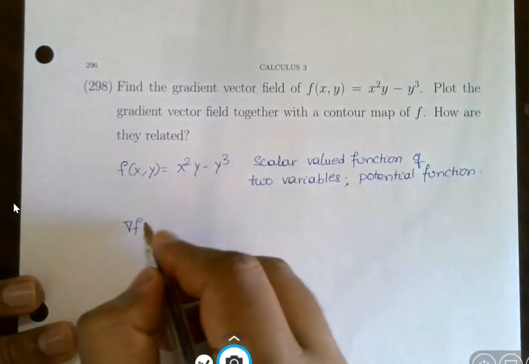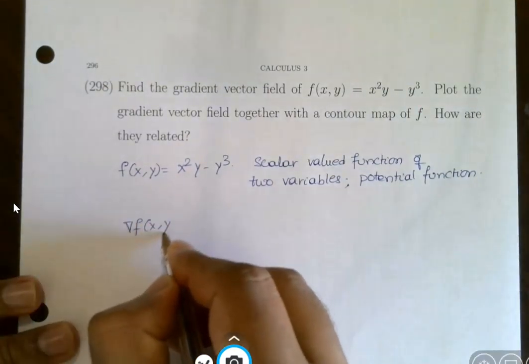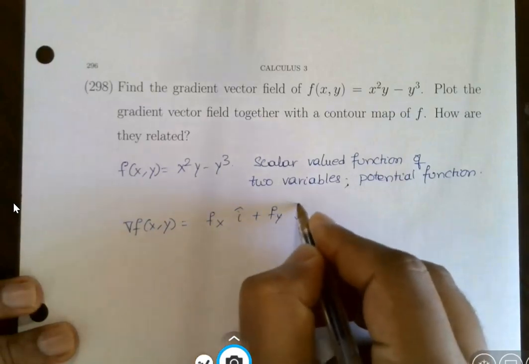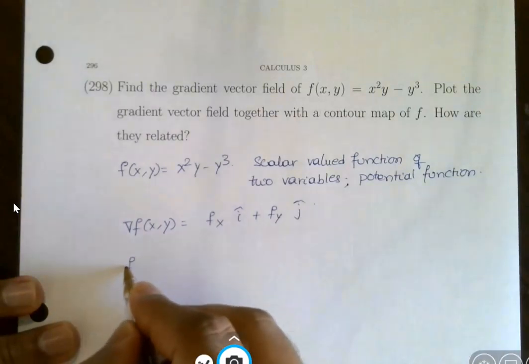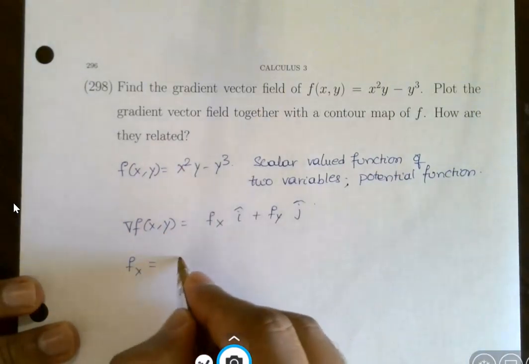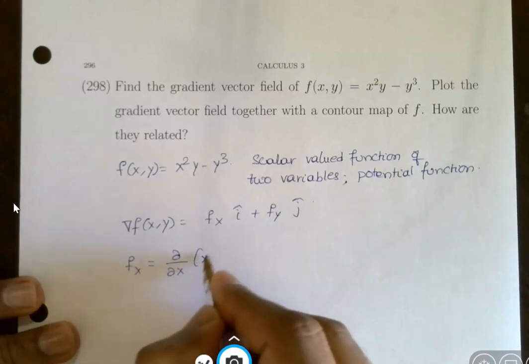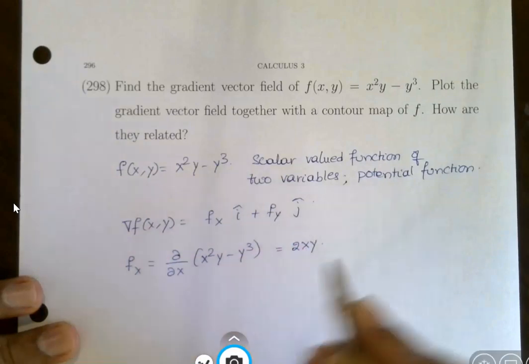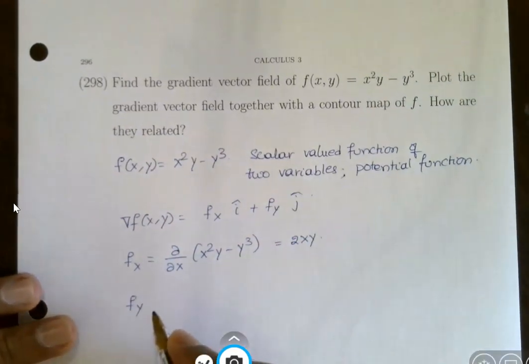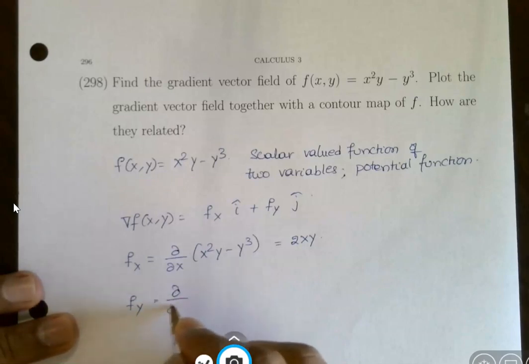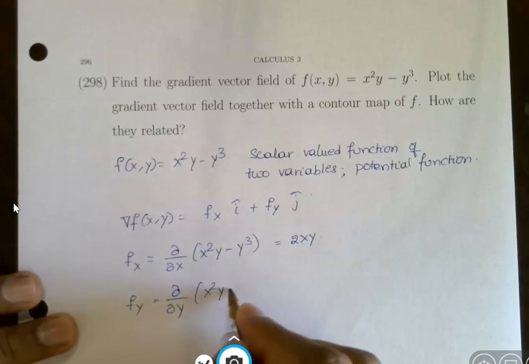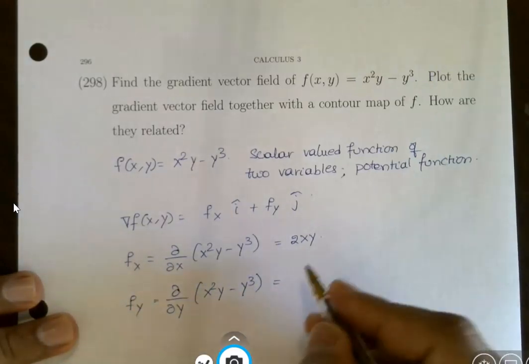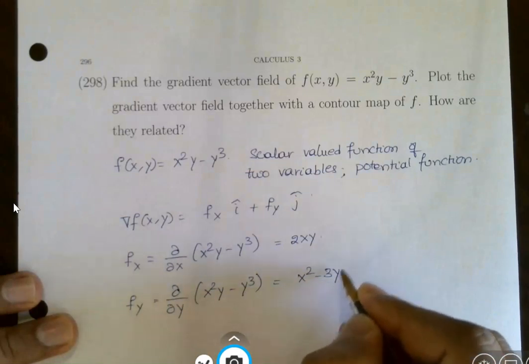So now the gradient of f of x, y is going to be fx i plus fy j. If you want to find fx, you differentiate with respect to x, x squared y minus y cubed, so that's going to be 2xy. Fy, you differentiate with respect to y, so you get x squared minus 3y squared.